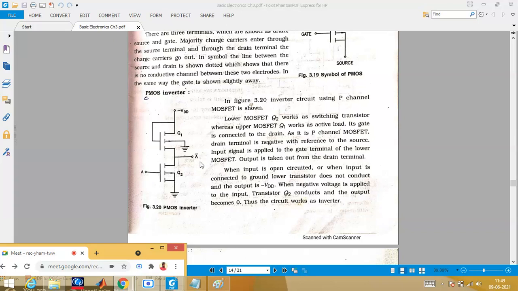First I will ask all of you who are present in the class, just see this diagram. Do you have any doubt about how we have connected all the three terminals? If you have any doubt, first let us clear that doubt, then we will understand the operation.